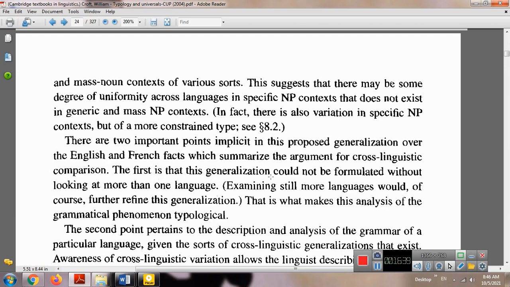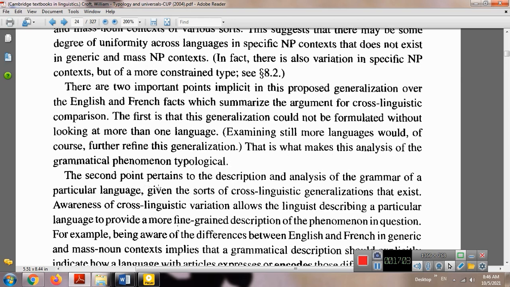The first is that this generalization couldn't be formulated without looking at more than one language. That is what makes this analysis of grammatical phenomena typological.